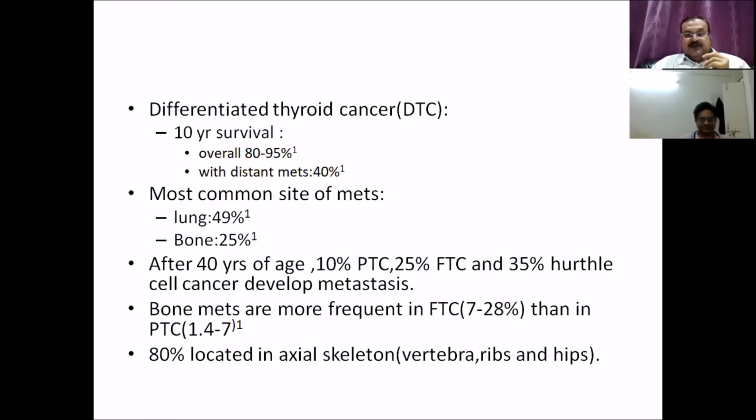However, it depends upon the biology of the disease. In Hurthle cell carcinoma, the bone metastasis rate is much higher than in papillary carcinoma. Bone metastasis is more frequent in follicular thyroid carcinomas, occurring in up to 28% of cases. 80% of bone metastases are located in the axial skeleton.